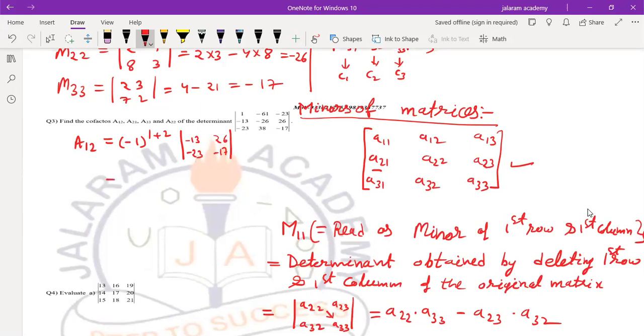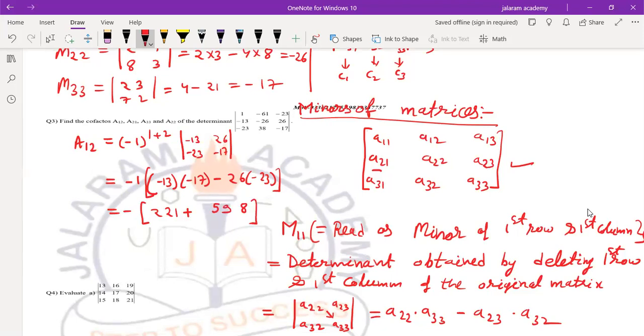Which is equal to then minus 1 into minus 13 into minus 17 minus 26 into minus 23, which is minus 13 into 17, 221. Minus 26 into minus, minus plus 26 into 23 is, multiply 23 6 138. 13, 50, 46 plus 13, 59.